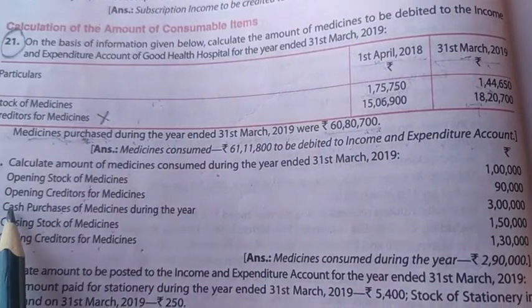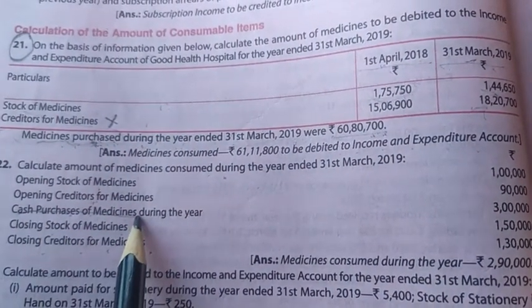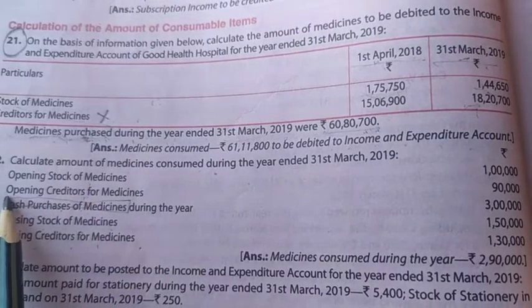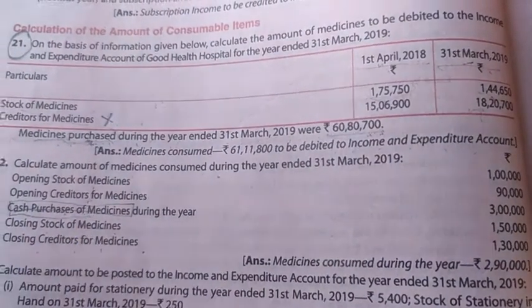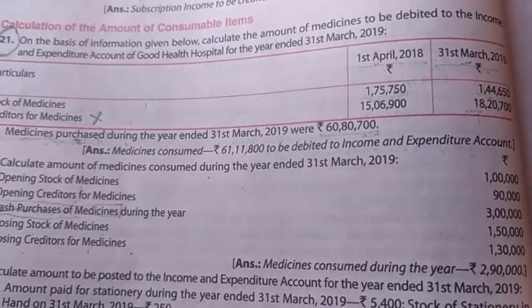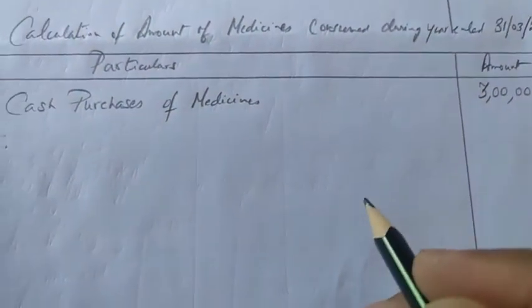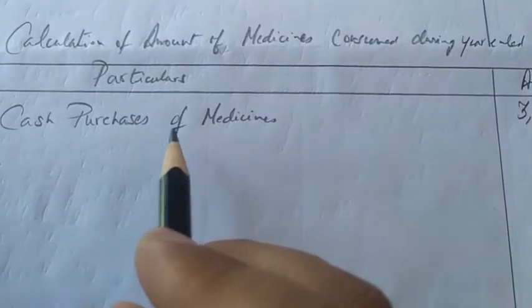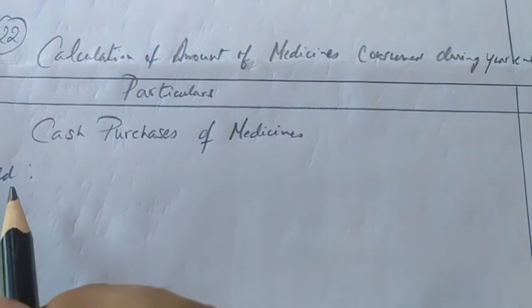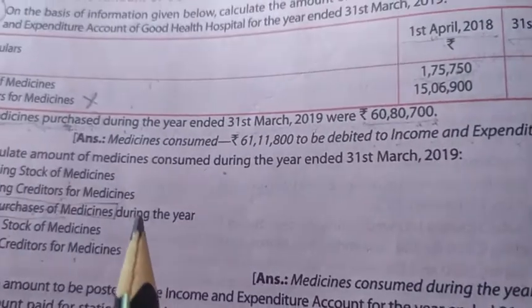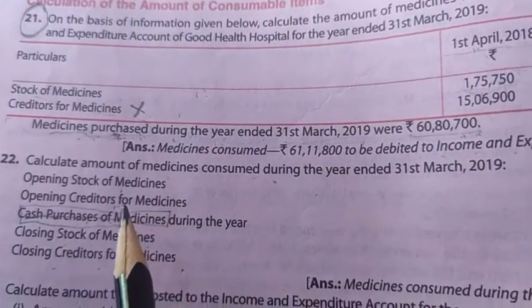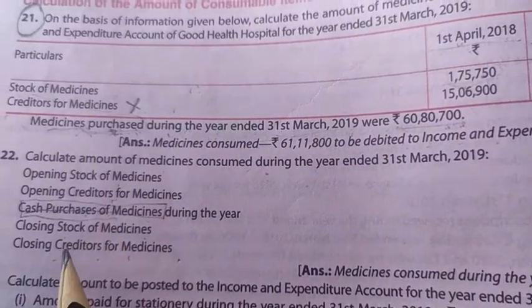This time you are given cash purchase of medicines. So the amount of medicine purchase here is in the form of cash purchases. So we'll start with the cash purchase of medicines, which is 3 lakh. Now since it is cash purchase of medicines, at this time you should be considering the opening and closing creditors.